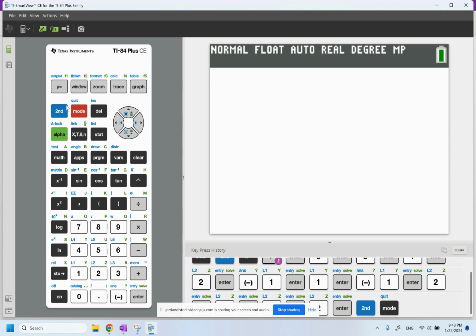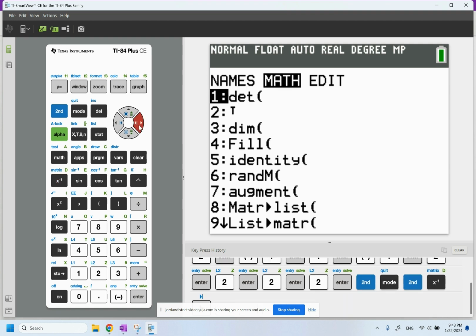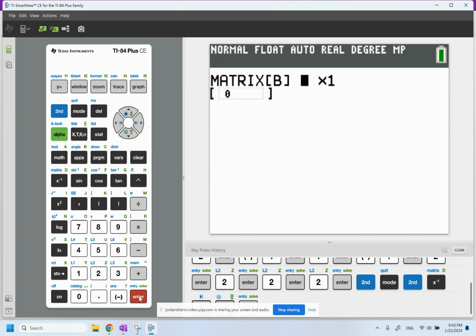Now we need to know what B is. So we're going to go again second, then back to the matrix, and we're going to go over until we hit edit, and then move down to edit B. For that, we just hit enter. Again, default is 1 by 1, but we want a 3 by 1.